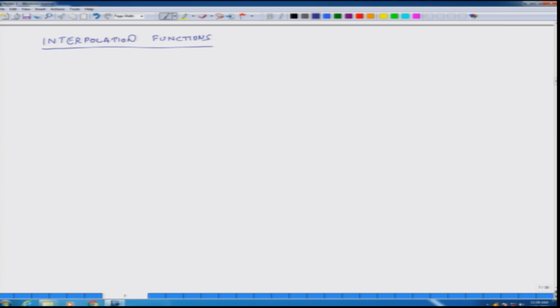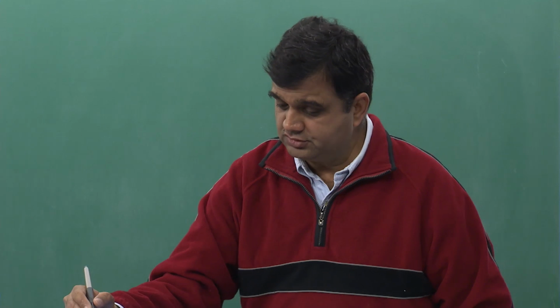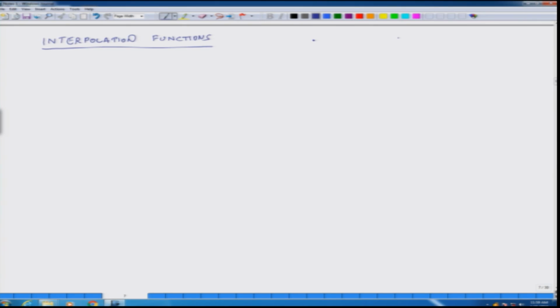So, before we start doing that, we will again review our degrees of freedom. Suppose I have an element, this is node 1, this is node 2, and let us say the length of the element is HE.